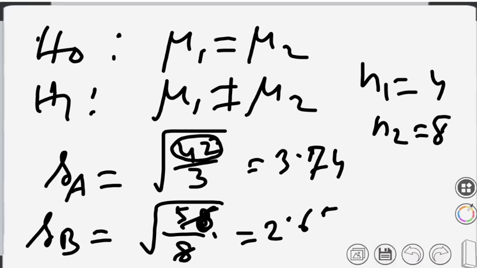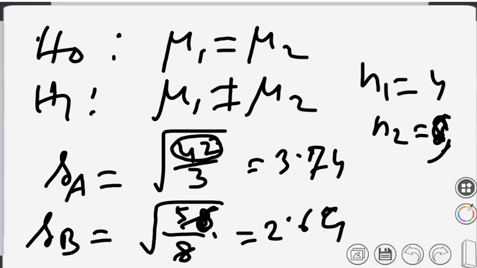Sir, we took N1 as 4 because sample size for A is 4, but N2 is 9, isn't it? N2 is 9, N2 minus 1 is 8. That's right. Sample size N2 is 9. I have written it, but I was just thinking about this. So SB for yarn B is 2.645.